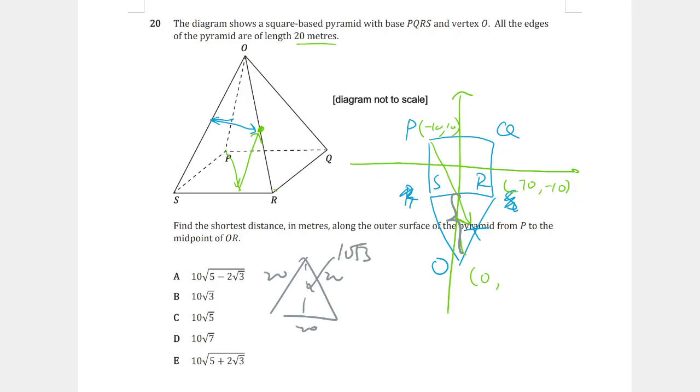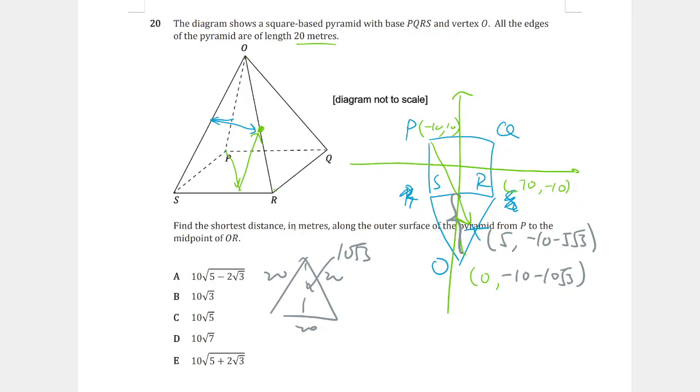Very standard calculation. So the coordinates of O are 0, negative 10 minus 10 root 3. The midpoint of OR, using the midpoint formula, becomes 5, negative 10 minus 5 root 3. Good. So now we take the distance of that.